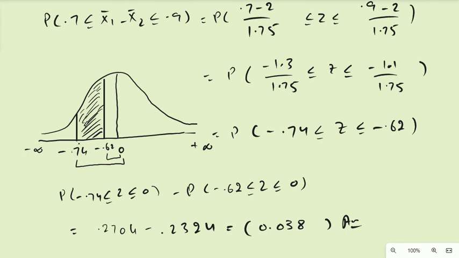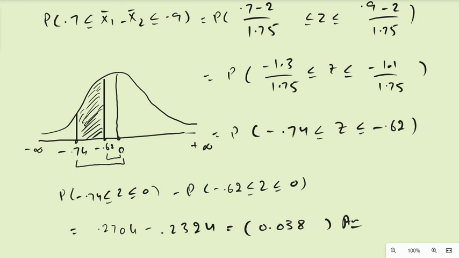To choose this shaded area, you should take this total area from 0 to 0.74, but this area is extra. That is why choose this total area and subtract the area between 0 and 0.62, and you will be left with the shaded area.